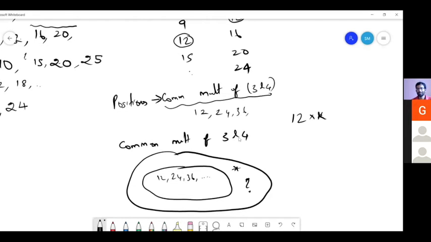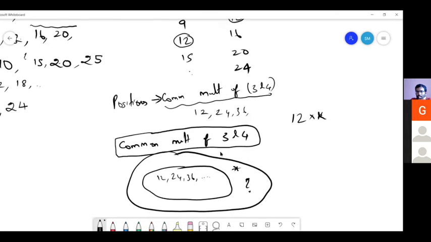How can we say that there exists no other element outside here? It's not possible because 3 and 4 are co-primes. So what if they are co-primes?